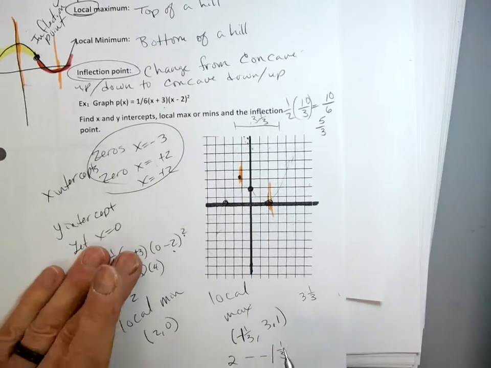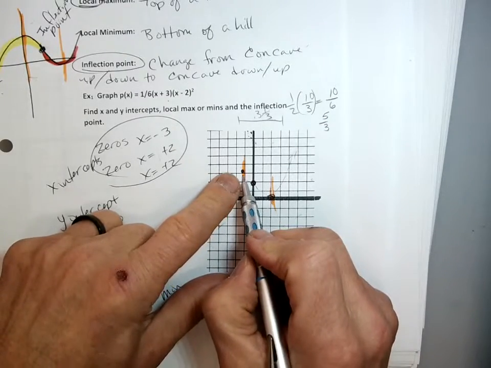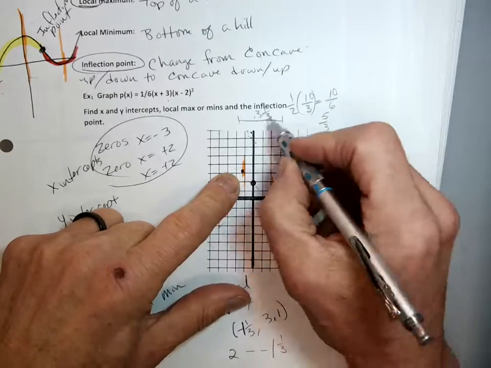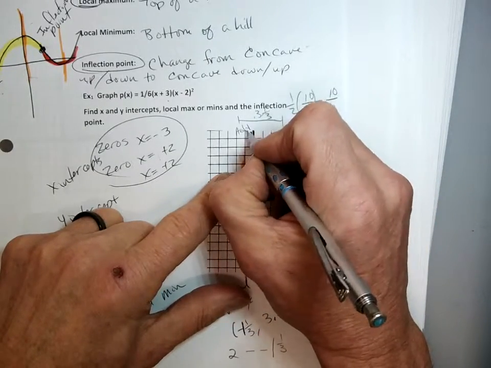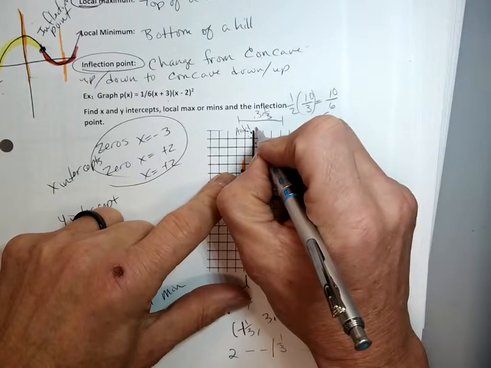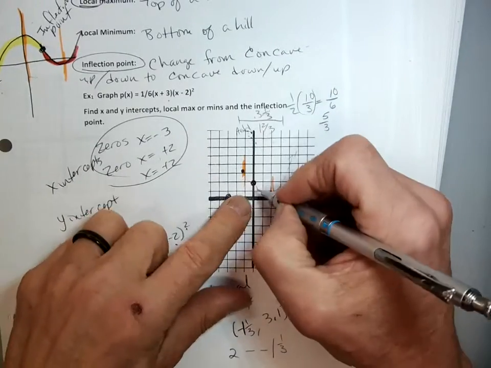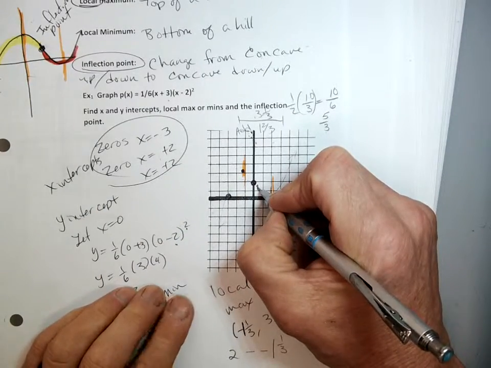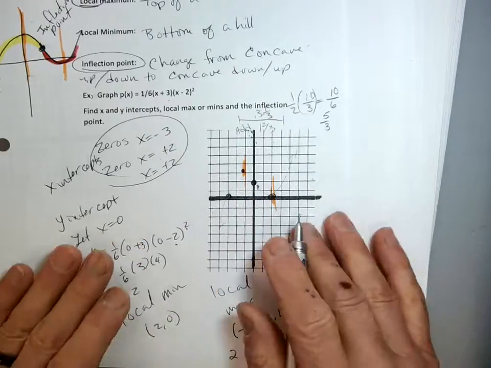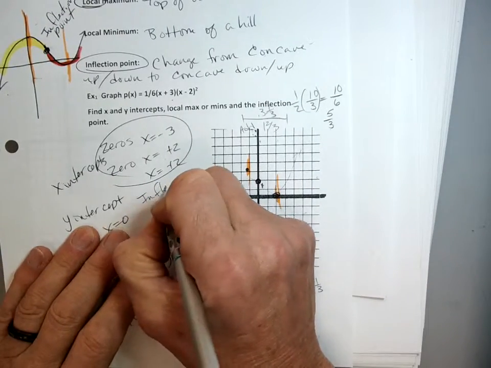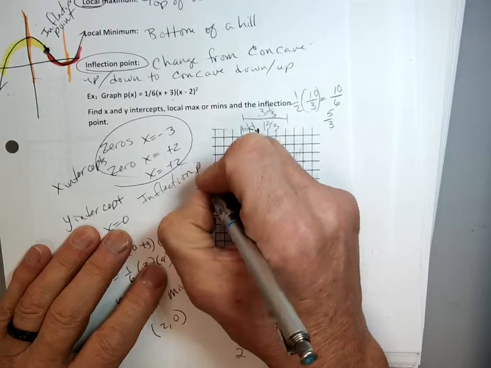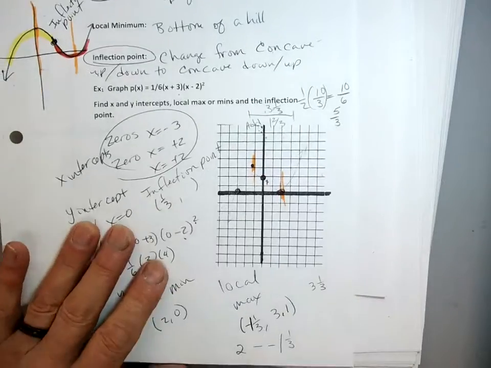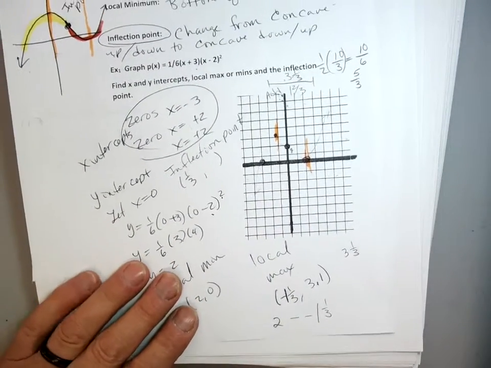So if I go to this point, which is at negative 1 1/3, and I add 5/3, or a 1 2/3, it'd be right about here at 1/3. Okay? So the x value of the inflection point will be at 1/3. Well, how do I get its corresponding y value?